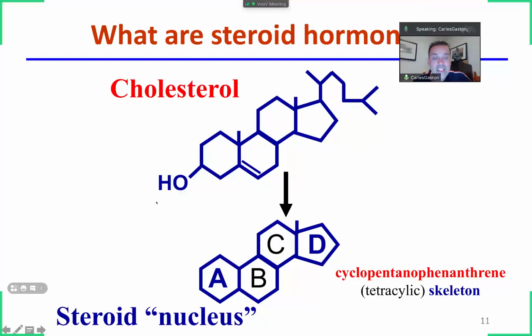So this structure is a tetracyclic skeleton or cyclopentanophenanthrene. You can see here the classical structure of cholesterol, and all the hormones that the adrenal gland produces derive from modification of this initial cholesterol.